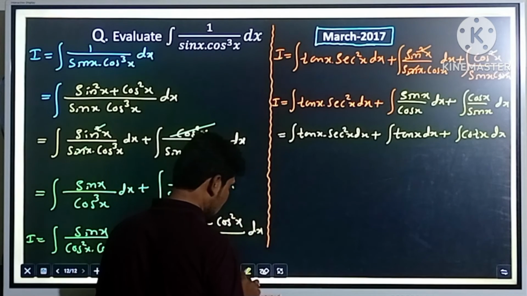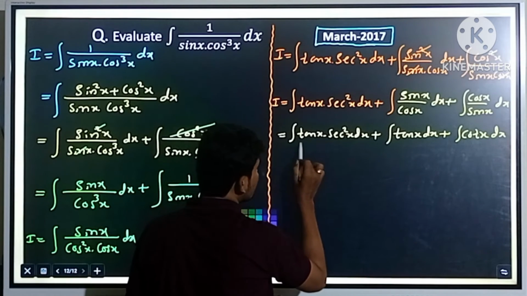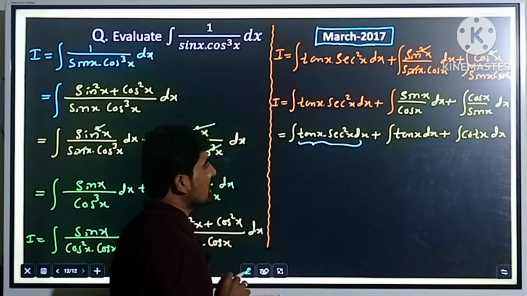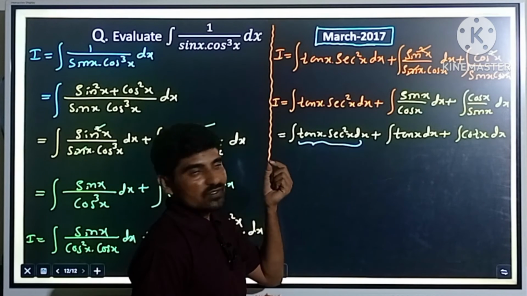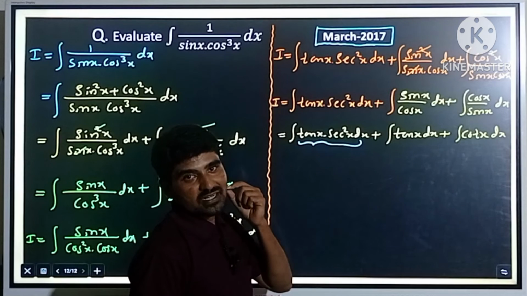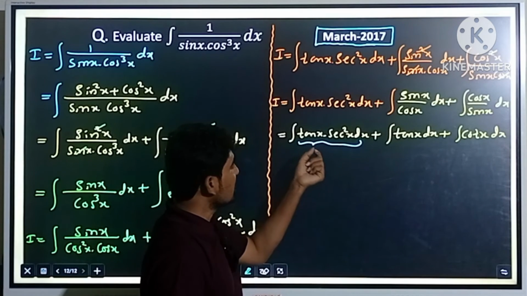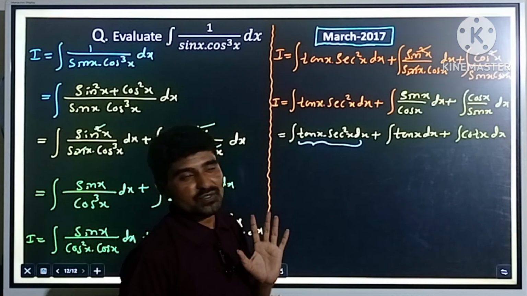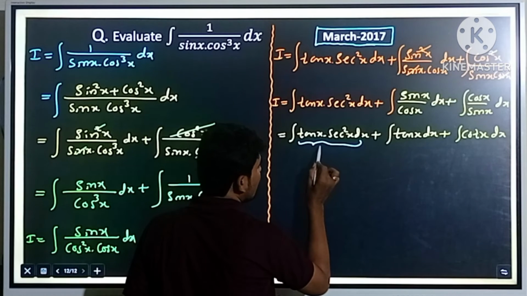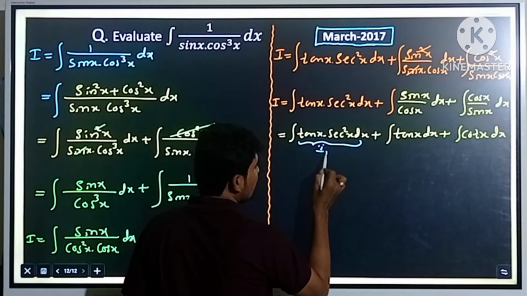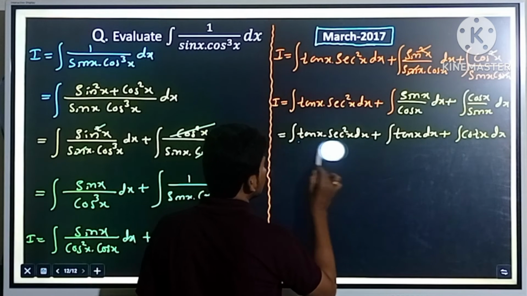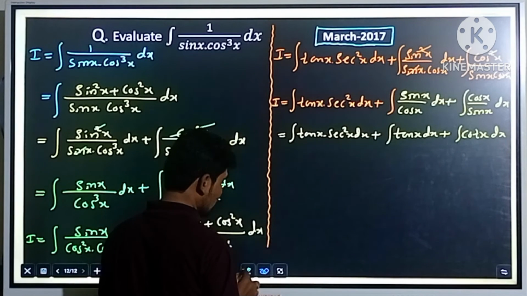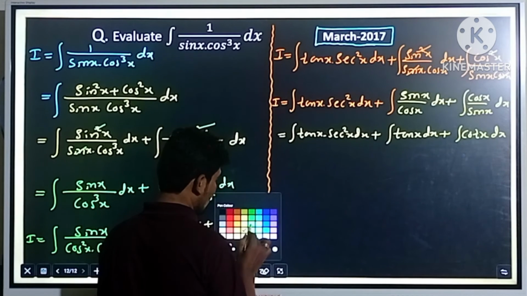Now, in the first integral, observe the integrand. There is a function and its derivative, because the derivative of tan x is secant square x. Therefore, the first integral can be solved by using the substitution method. Let's say this is I1. So I1 can be solved by using the substitution method.